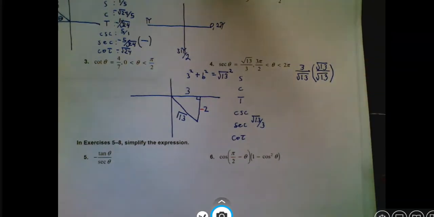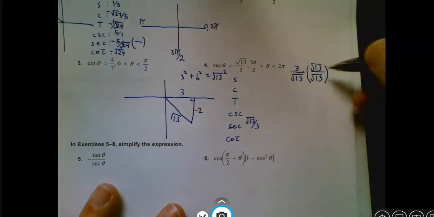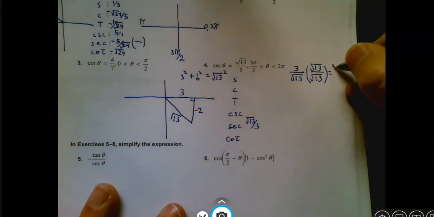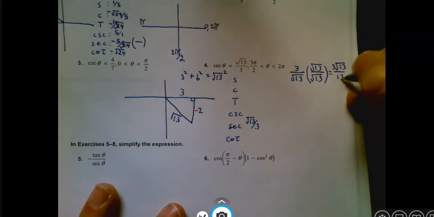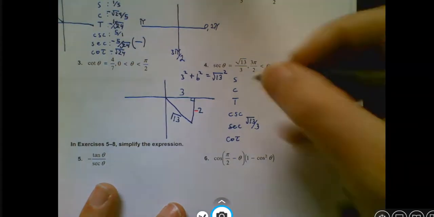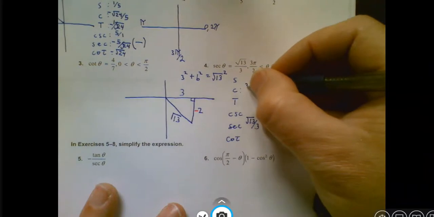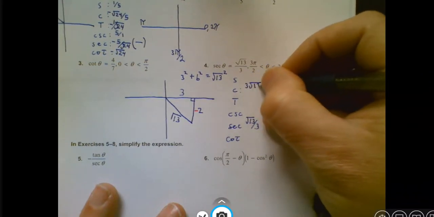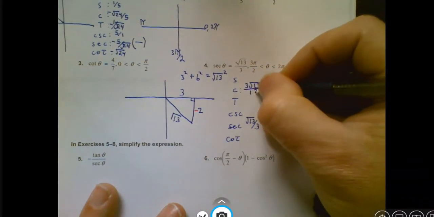This is what we call rationalizing the denominator. If I multiply straight across, I get 3 root 13 over 13. This would be the more appropriate way to write our cosine value: 3 root 13 all over 13.